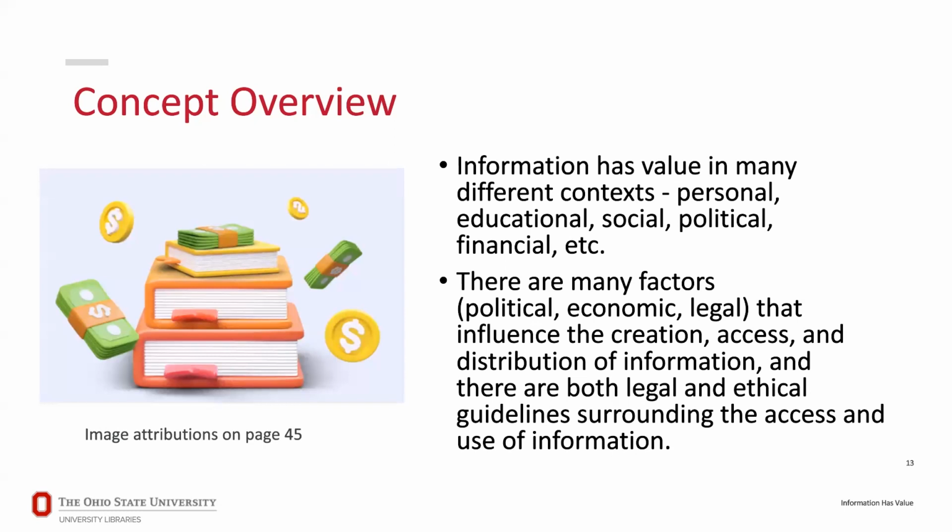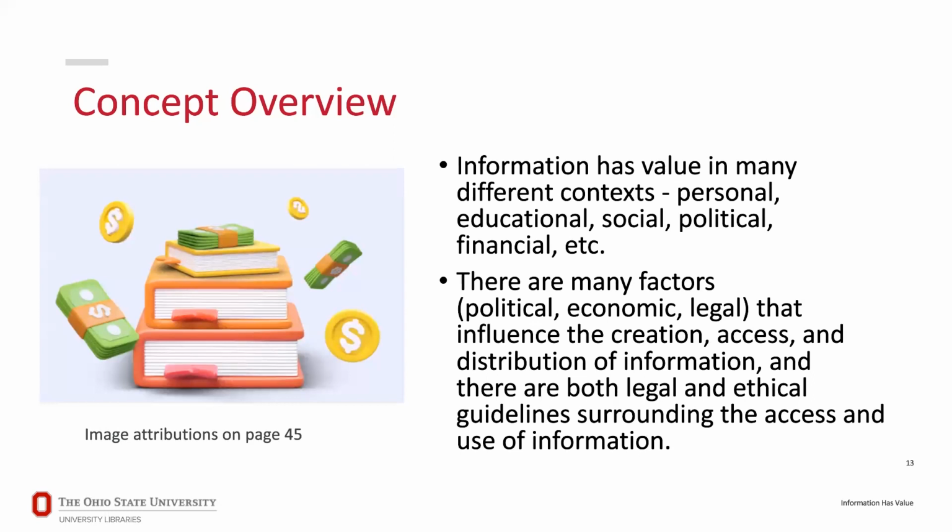Because information is so valuable, there are many different factors that impact how we can access information and how it's distributed and shared, who has the ability to access information, and who has the ability to create information. There are political factors, economic factors, and legal factors, like actual laws about how information can be accessed and shared. So this is a really broad concept. On the one hand, it seems almost like common sense.